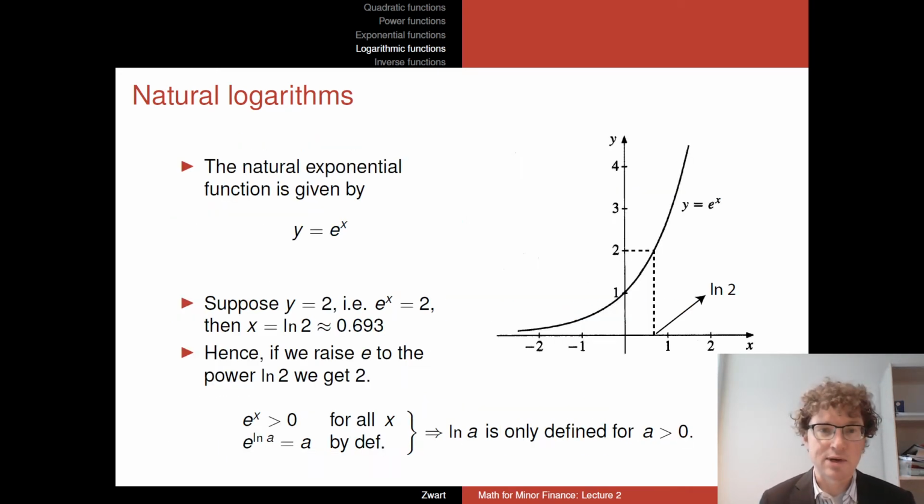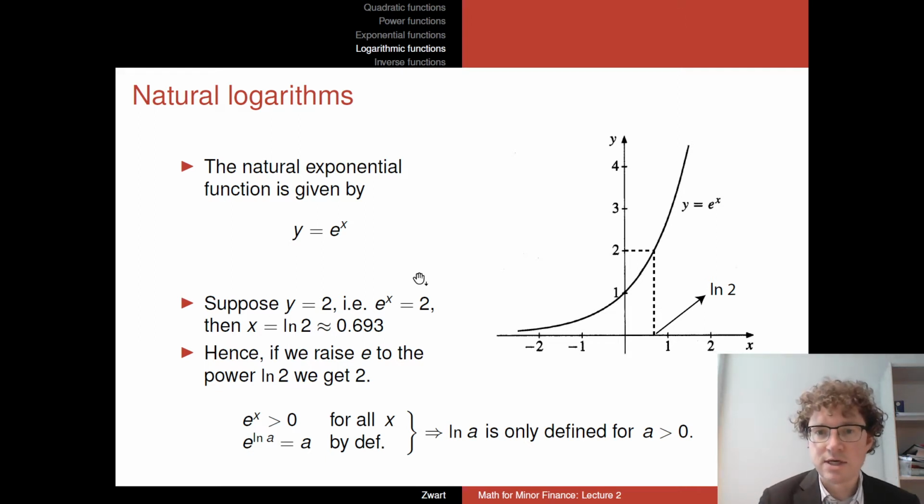So now let's see how we can work with this. Here you see the graph of the function y equals e to the power x, the exponential function. Suppose we ask the question, for what value of x will this exponential function reach a height y equal to 2? What would you do? We would look at this graph at the height y equals 2.